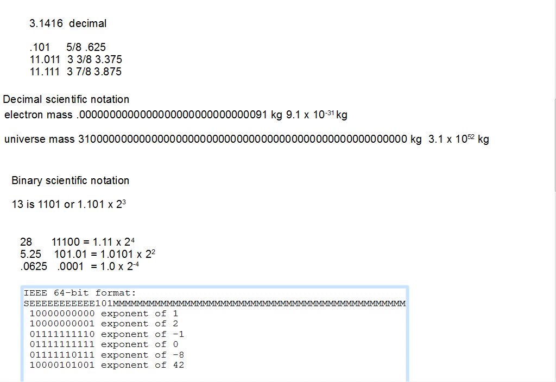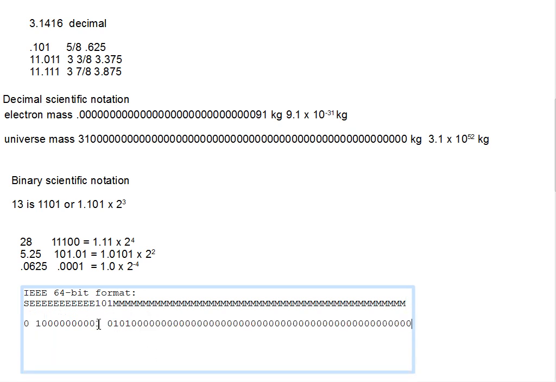Let's try a few examples with the 64 bits of the floating point value broken into sign, exponent, and mantissa fields. So, for example, this is 5.25, and that is 1.0101, as we determined earlier.